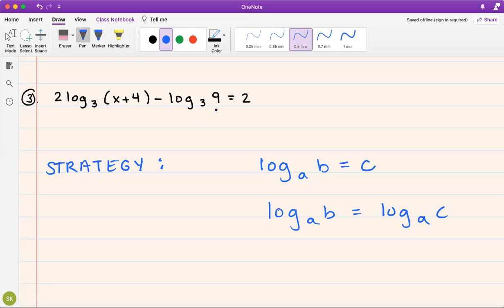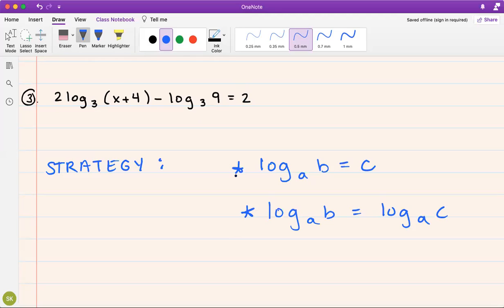For this example here, on the right-hand side, I just have a number. Sometimes you'll have logs for everything, okay? When you have logs with everything, you're going to go with this step here. But for this particular example, we're going with this one.